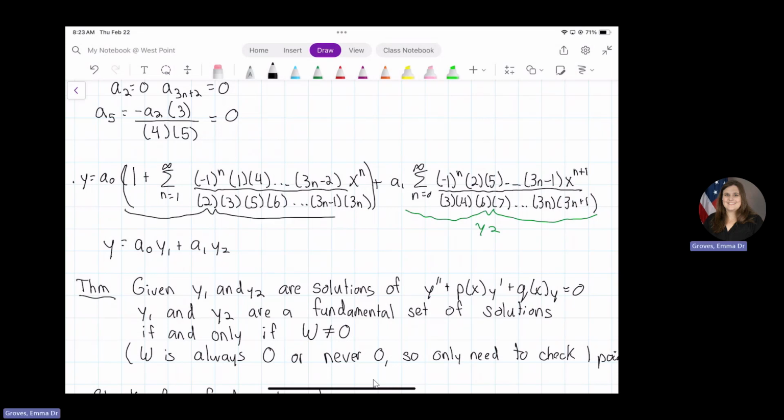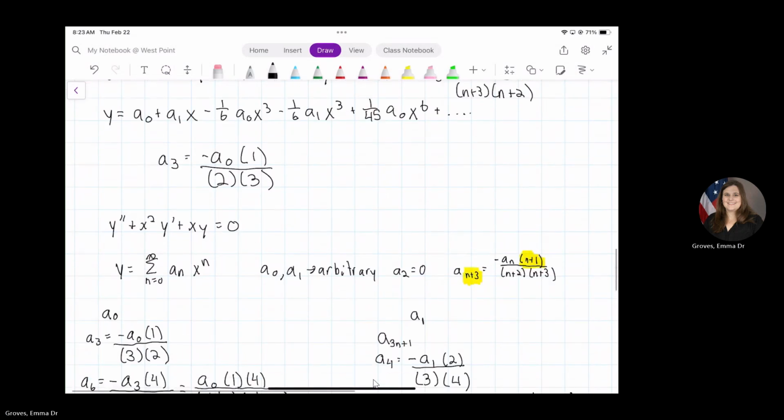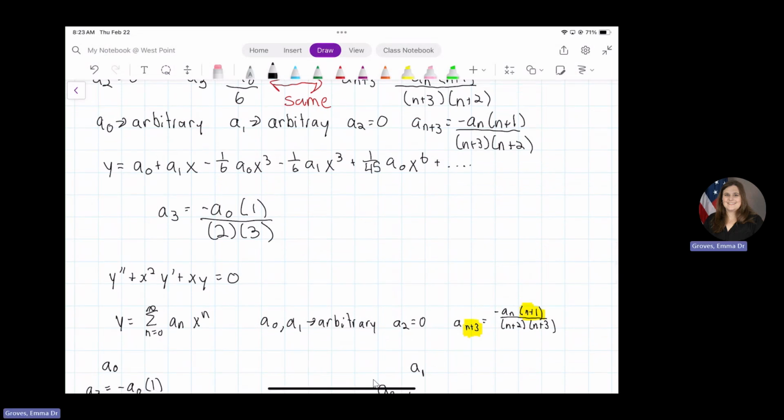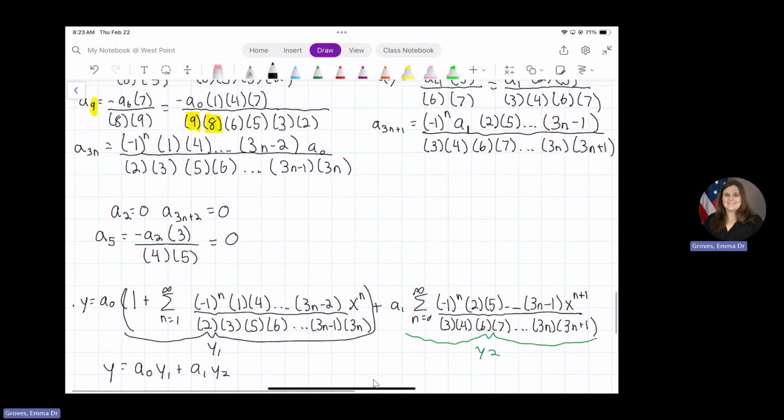And this is our y1. So if I start the indexing there, are we more happy with that now? Because I needed to pull out my first term, and I factored out all the a0s.